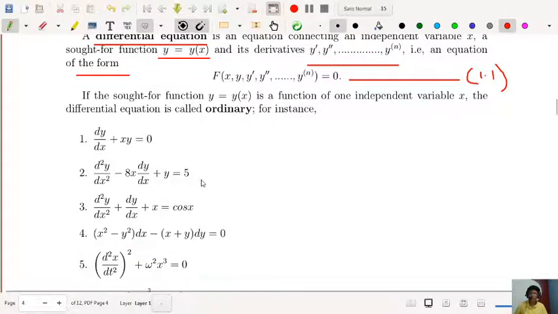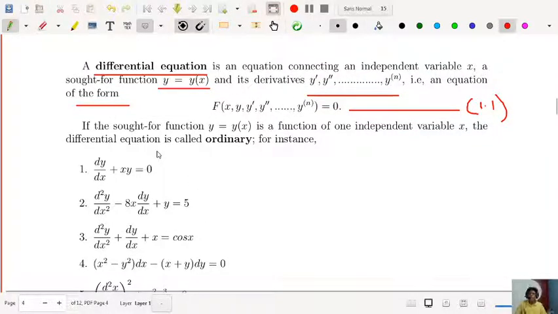Okay. Now, why is this differential equation called ordinary? If the unknown function y equal to y(x) is a function of one independent variable x, if we are talking about one independent variable x, the differential equation is called ordinary.